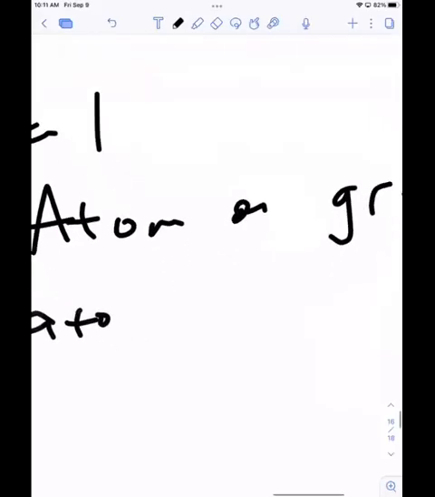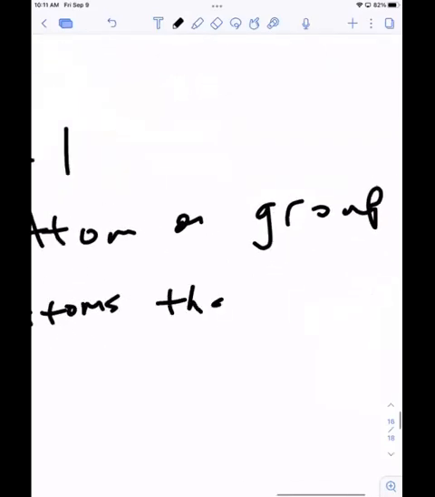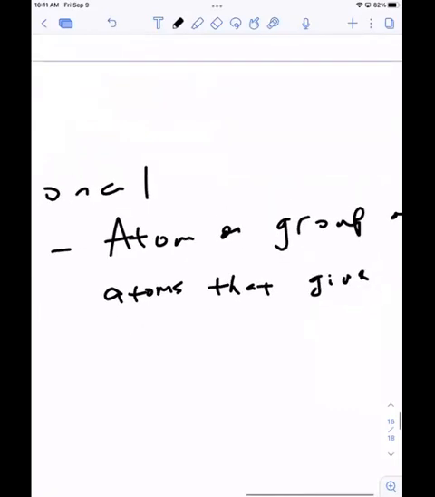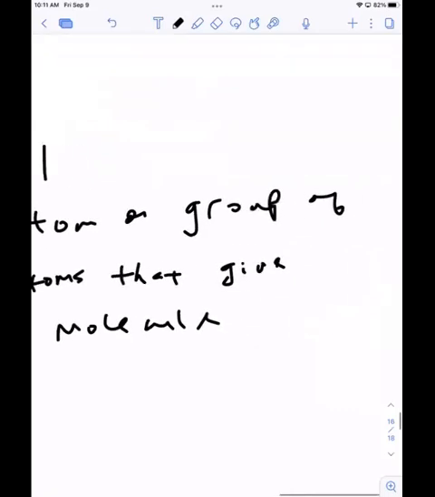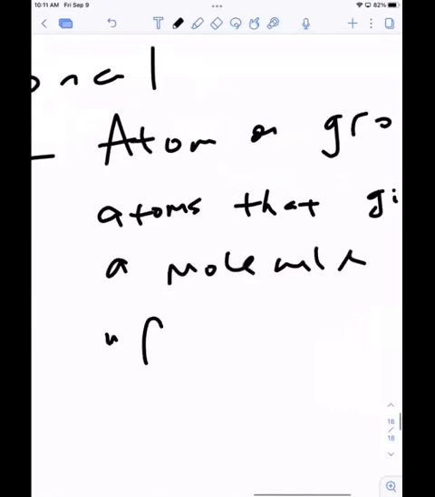Right? The atom or group of atoms give a molecule its what we call functionality. Right?